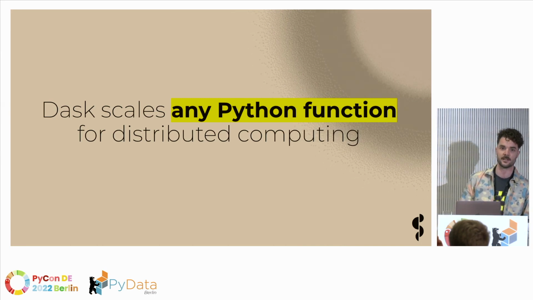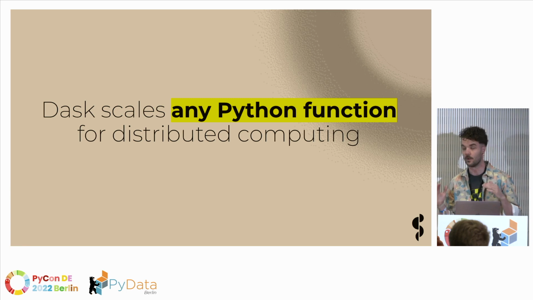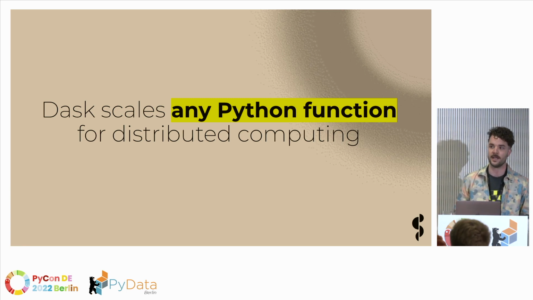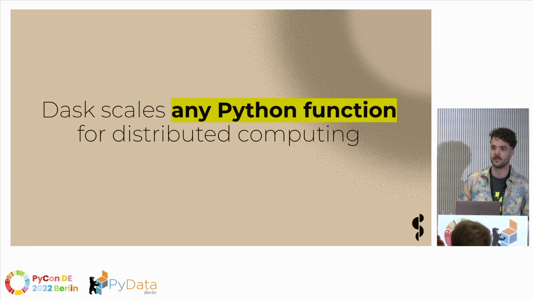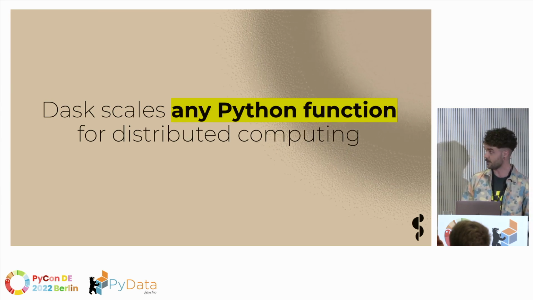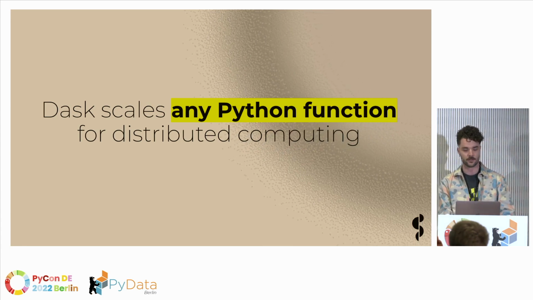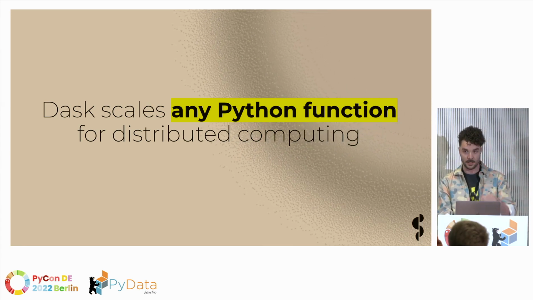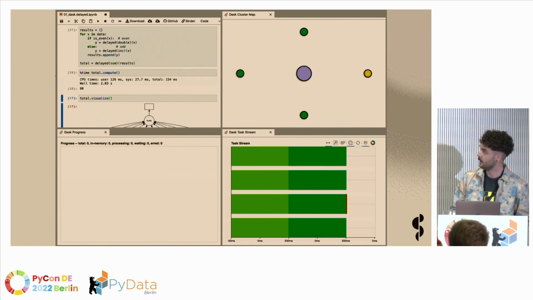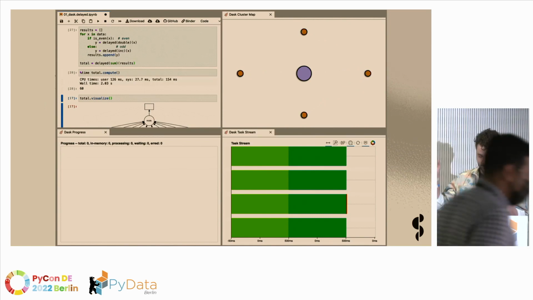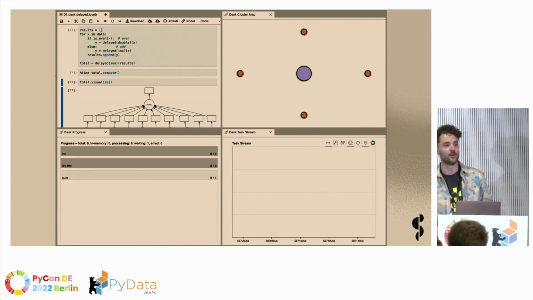That's great if you are using pandas, numpy, scikit-learn. But the great thing about Dask is that it also offers a lower level API called Dask delayed and Dask futures, which allows you to scale any arbitrary Python function for distributed computing. So in this hands-on coding tutorial, part of the tutorial later on, we'll look at how to do this as well. You may have seen some of these visuals on our Coiled booth already.